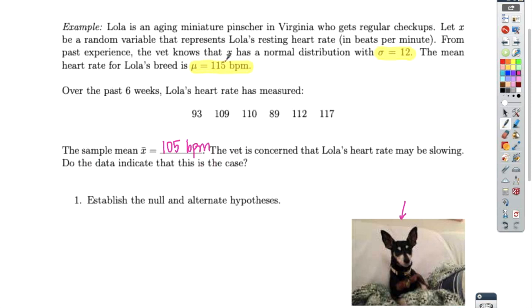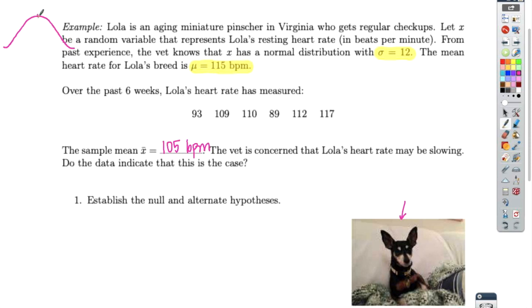Well, remember, the population mean is 115. Lola's sample mean for at least these 6 heart rate measurements was 105. Okay, so we can definitely say that the sample mean that we gathered is lower than the population mean. But who knows? I mean, maybe it's a distribution. It says it's normal, right?